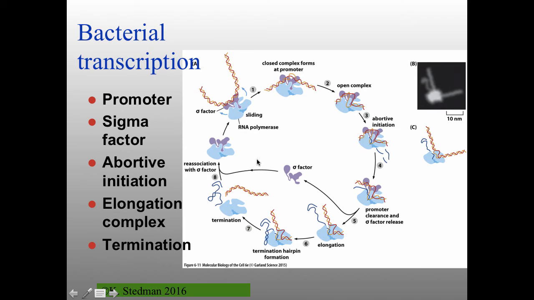We didn't talk about it, so it's not going to be something that's on the exam. But again, it's a change in structure which happens going from your abortive initiation to elongation. And it's that change in structure which makes your polymerase highly processive. In the case of the bacteria, you lose the sigma factor as well. And in the case of eukaryotic systems, that's where you leave all those general transcription factors back at the promoter.